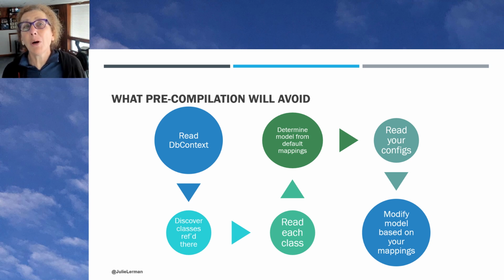That's only part of why there's so much effort involved and why that first execution, that first use of the DbContext, takes so much time. Once it's done all that work, it leaves that model that it's figured out in memory for the application runtime. So it's really just that first time.